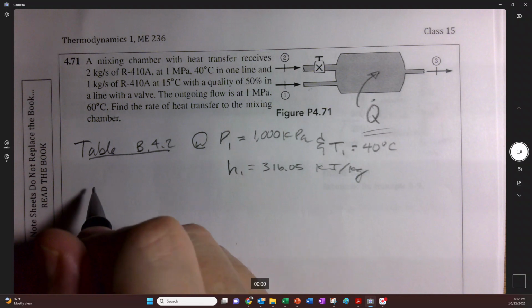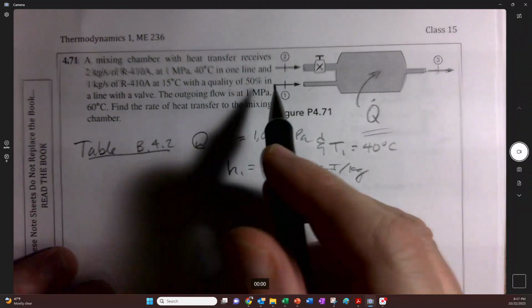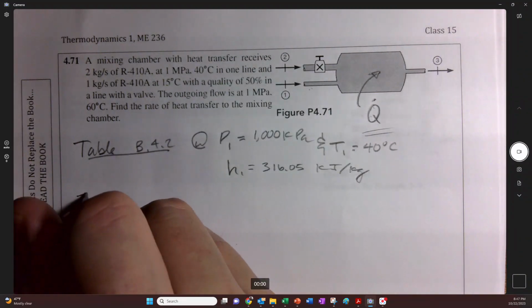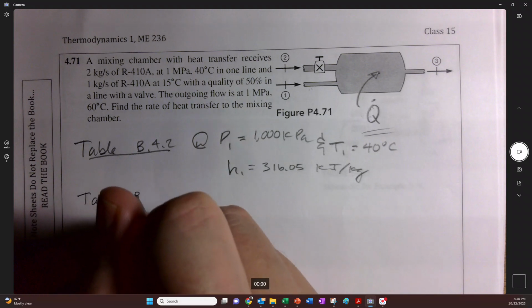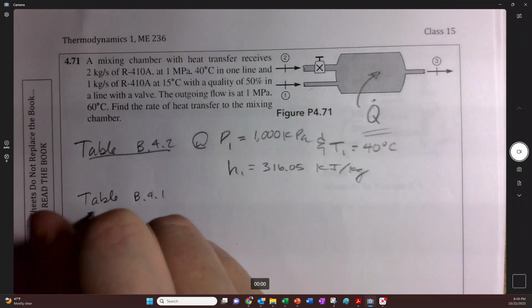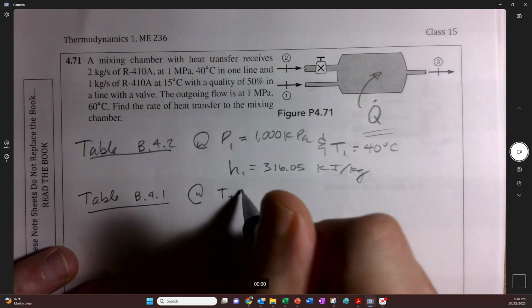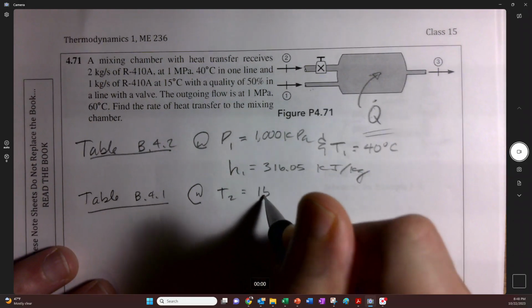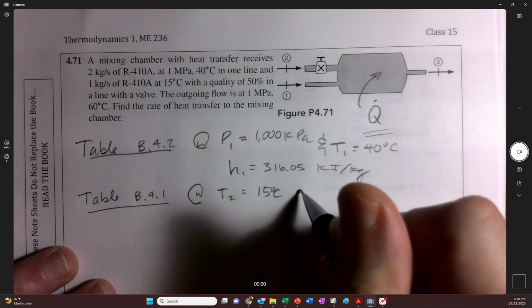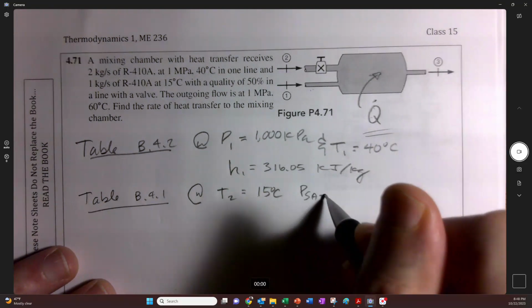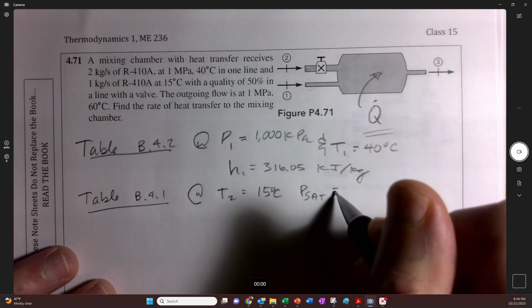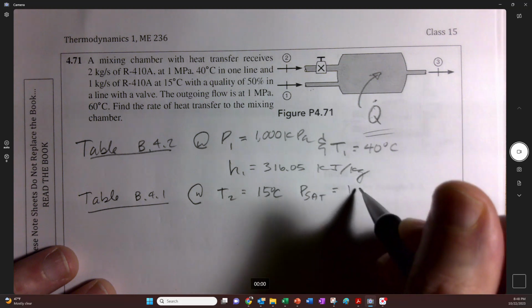And then we'll go and get this guy, I guess. So we have to go to table B.4.1 for that. And I got to go to a T2 equal to 15 degrees Celsius. The PSAT, if we wanted to know that, is 1,255.